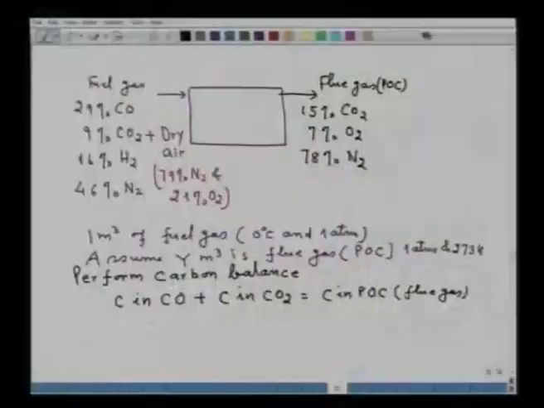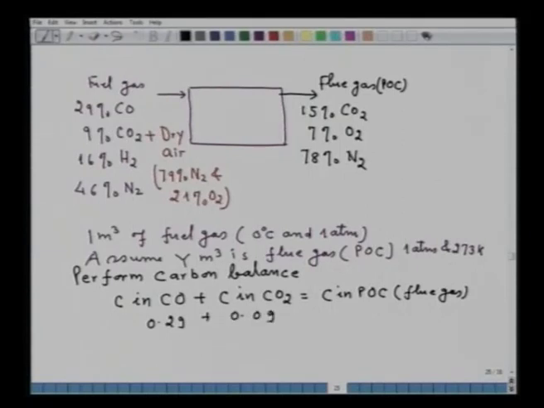So, I can put it straight away: 0.29 plus 0.09, that is carbon moles in CO2, equal to 0.15 Y. So, Y is equal to 0.29 plus 0.09 upon 0.15, and this comes to be 2.53 meter cube.